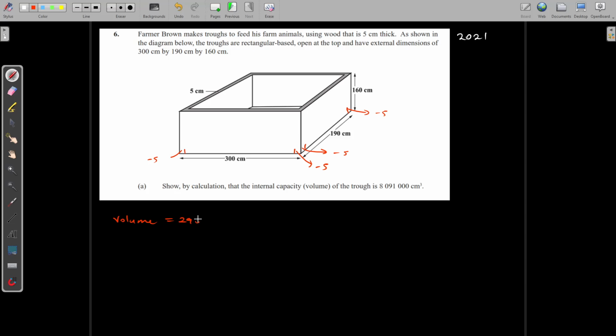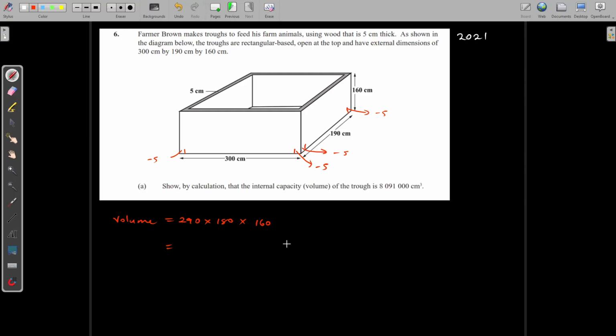So 290 times, this 190 becomes 180, and 160 now, let's work with 160 because the bottom or the base of this trough, we can't guarantee if there's a 5 centimeter thickness down there as well. So let's just work with this to see if we'll get the answer. So multiply these three numbers for me and let me know what you get.